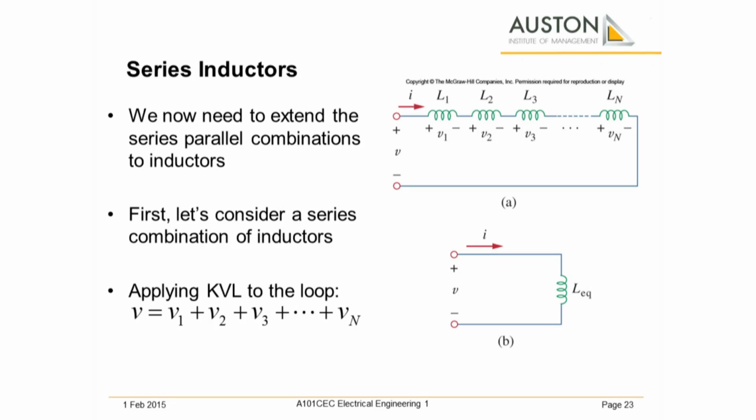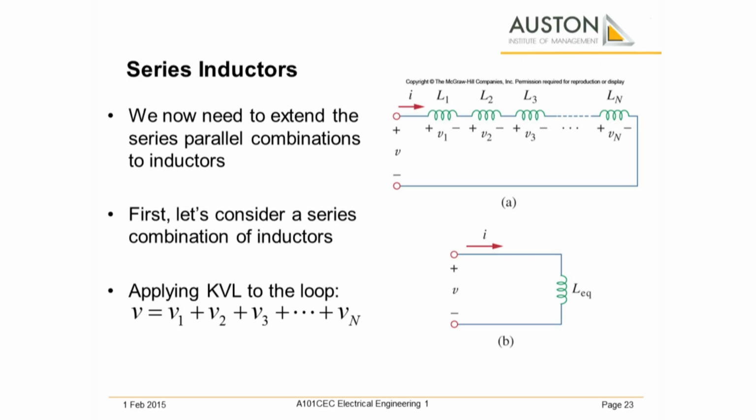Let us now extend series and parallel combinations to inductors. Let us start with series combinations. Assuming we have several inductors in series, each inductor will have a different voltage developed across it. Let us say the voltage developed across each inductor will be V1, V2, V3 up to Vn.